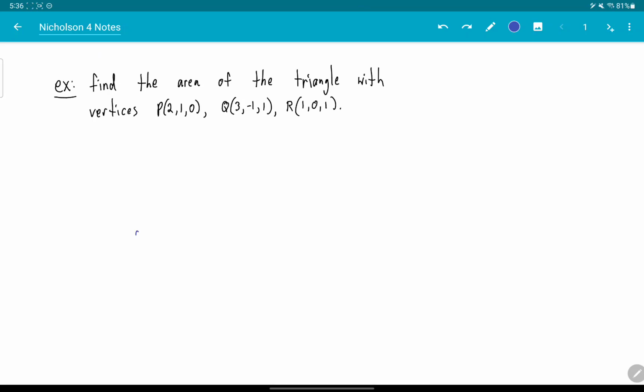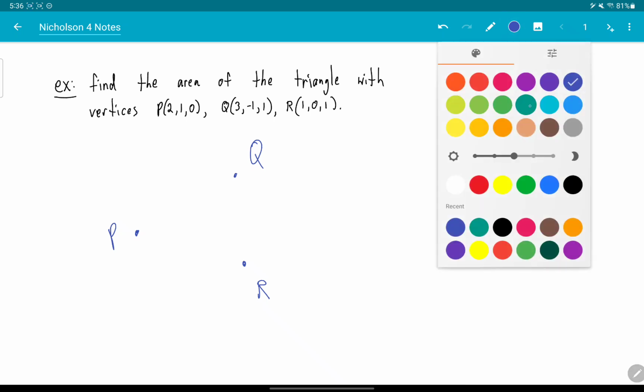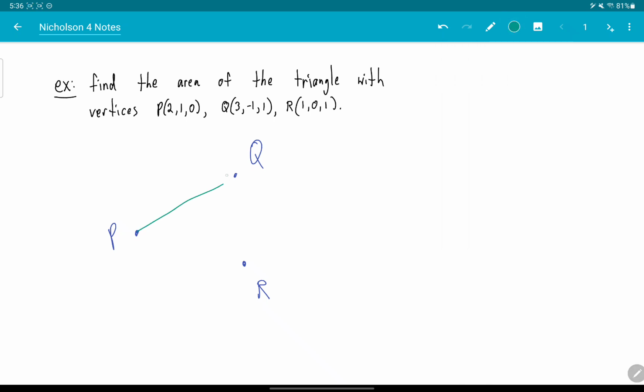Well, let's just draw something to help us think. So we have this triangle PQR.